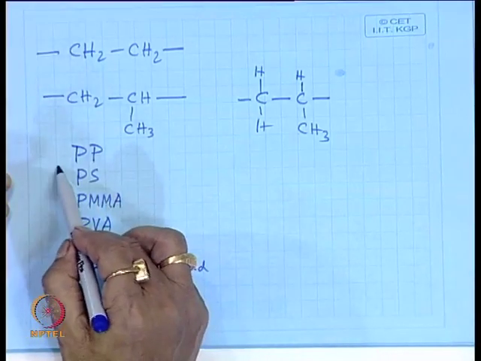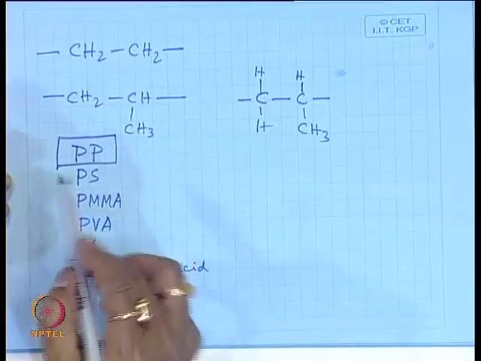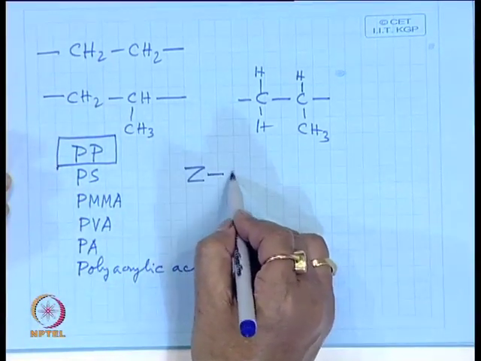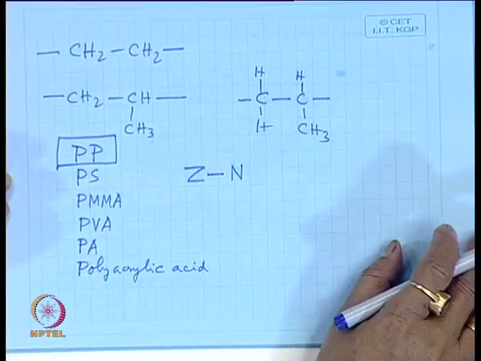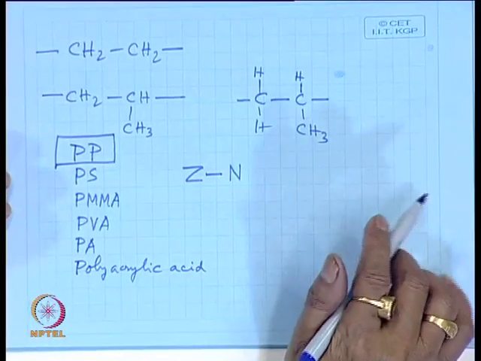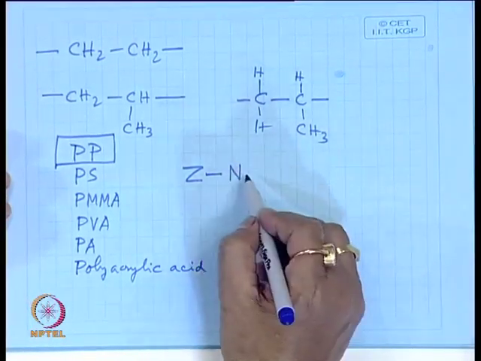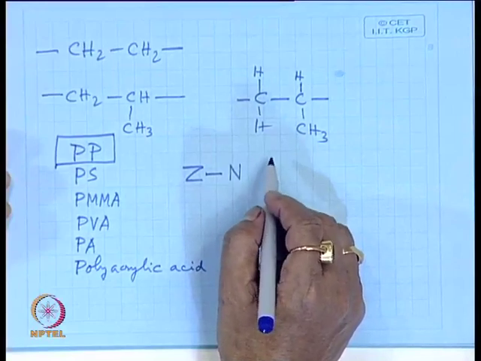Now, before the discovery of Ziegler-Natta catalyst, have you heard this name, Ziegler and Natta? Yes. They developed this organometallic catalyst, for which they won the Nobel Prize in 1963.